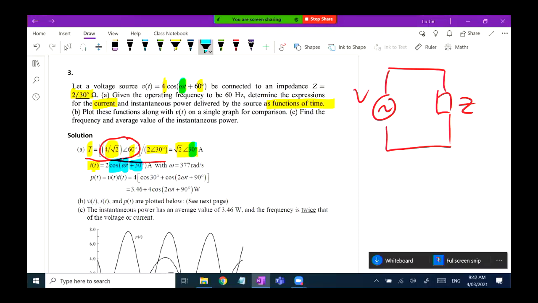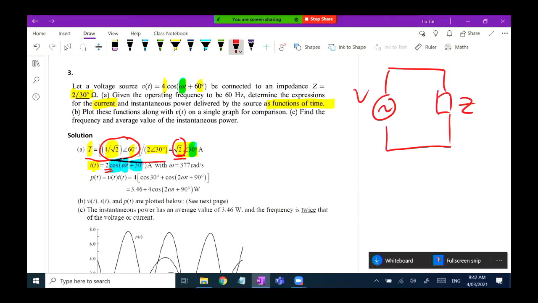You have to multiply the RMS magnitude by square root 2 again to reach the maximum amplitude. So square root 2 from the root mean square value, multiplied by another square root 2, gives you 2. So this is why we have 2 here. Okay? Okay, this is how we derive the time domain expression for the current.